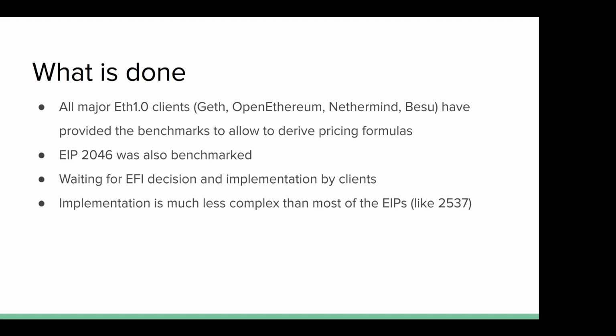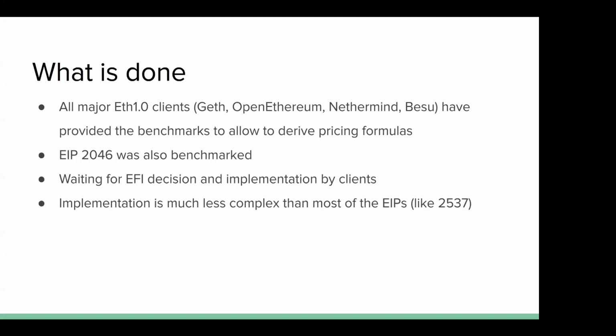It wasn't necessary directly for this EIP, but it was a byproduct. So now it's possible to determine a concrete value for 2046, which would ideally speed up its inclusion. So now it's waiting for a decision and a word from client developers on how fast it can be implemented.